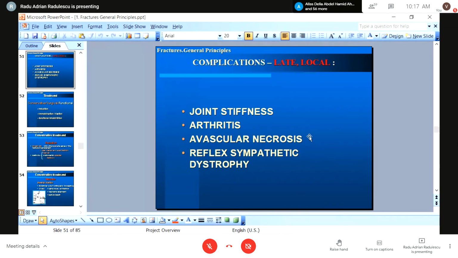If the vascularization of one of the bone fragments was compromised, then we may get bone changes on the X-ray, very suggestive of avascular necrosis.